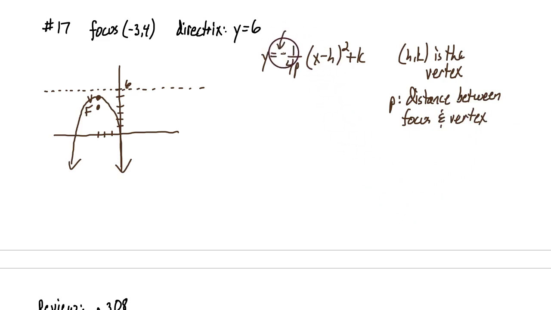Why do you think the negative is at the beginning? That's because it opens downwards.